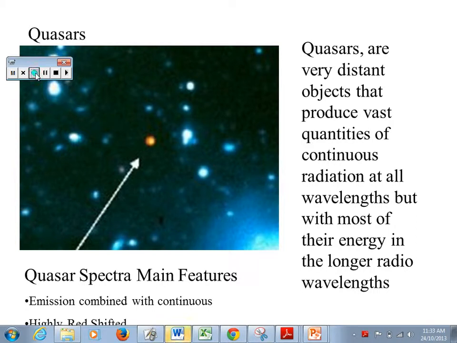Now, a radio telescope listens to radio waves. Every time a radio telescope looks at a star, it picks up the radio spectrum, that tapering part, and measures its intensity.